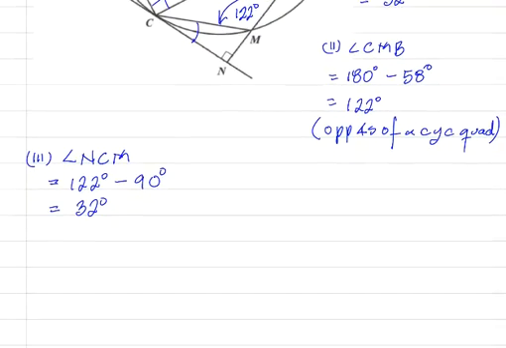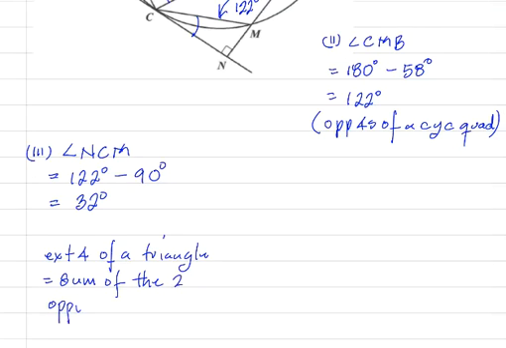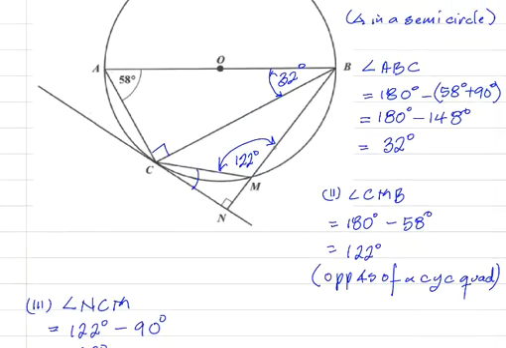And this is the reason: the exterior angle of a triangle is equal to the sum of the two opposite interior angles. The exterior angle of the triangle is 122, and it would be equal to this angle here, that angle there, plus 90.